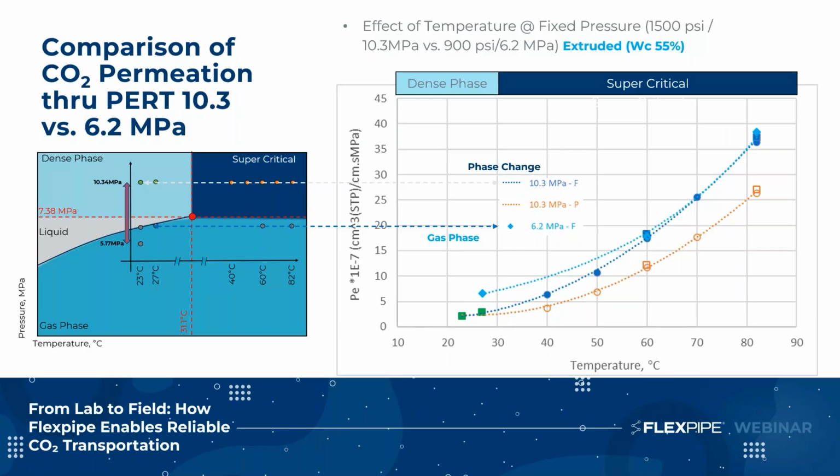Both are adjusted to account for fugacity of pressure. At higher temperatures, the permeation rates are very close to each other, and at lower temperatures, below the critical point, the permeation rate depends on the operating pressure, as the rates are higher for gas phase compared to the dense phase condition.